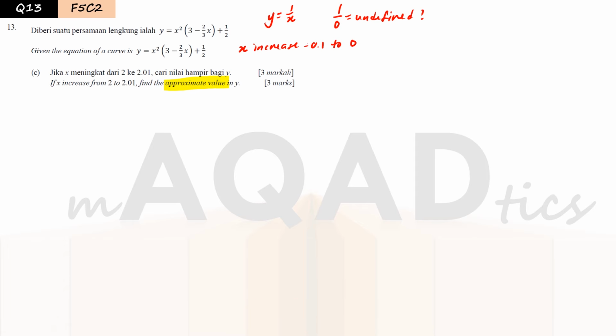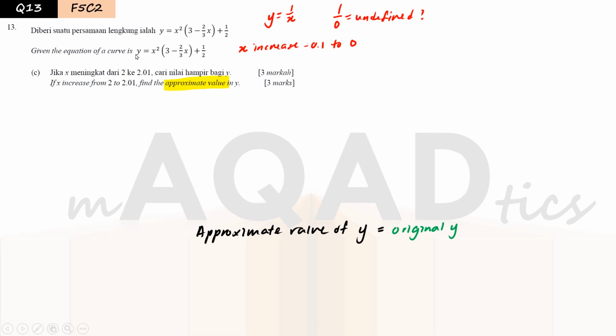So this is the last application in differentiation, which is called small changes and approximation. It teaches us how to find the approximate value by using differentiation. How do we find the approximate value? Firstly, we need the original value of y.